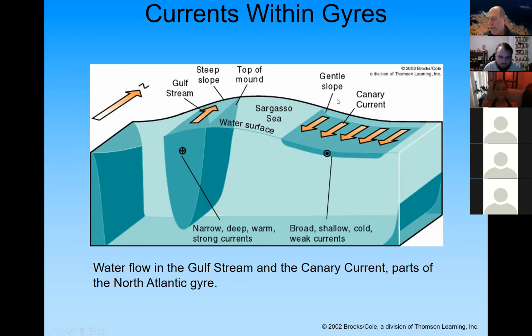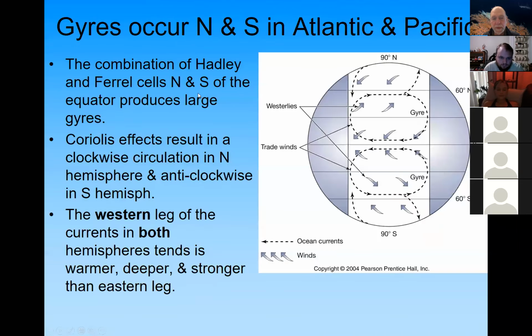So let's try to understand that with a little greater clarity. The gyres occur in the north and south Atlantic and the Pacific, and they have this general formation. The western leg of the currents in both hemispheres tends to be warmer, deeper, and stronger than the eastern leg. So that's something you can put in the bank and count on.